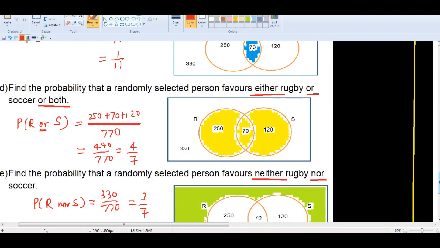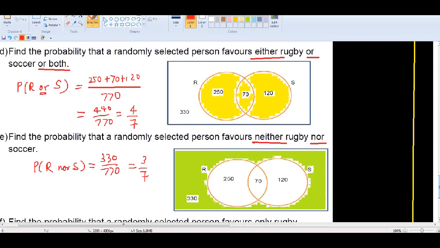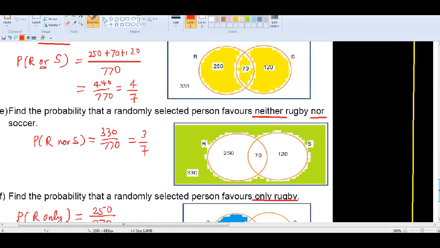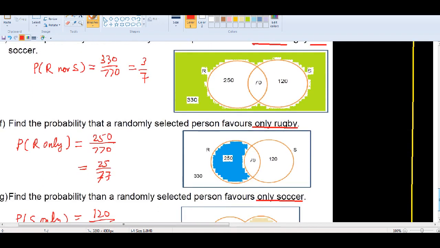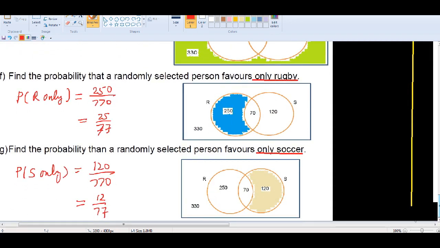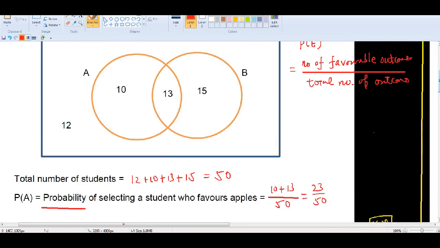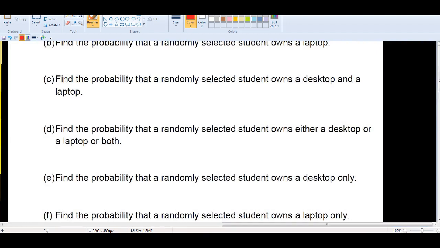Either R or S or both, you consider all the areas in the circles. Neither R nor S is outside the two circles. Only R means in R minus the overlapping. Only soccer means in S minus the overlapping. Alright? Okay, let's move on.